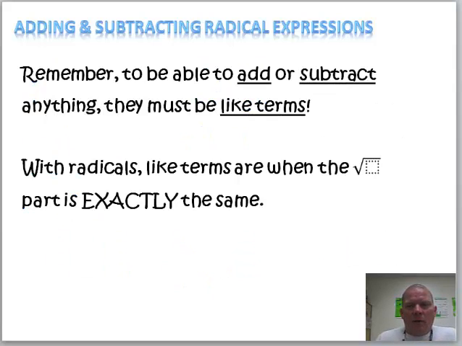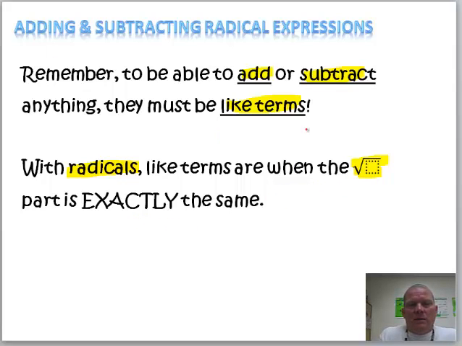Okay, now again, remember when you add or subtract anything, they have to be like terms. So if it's got an x in it, what I add to it has to have an x. I can't add an x and a y together. Okay, so to add or subtract, they have to be like terms. With radicals, like terms are when the root part is exactly the same.